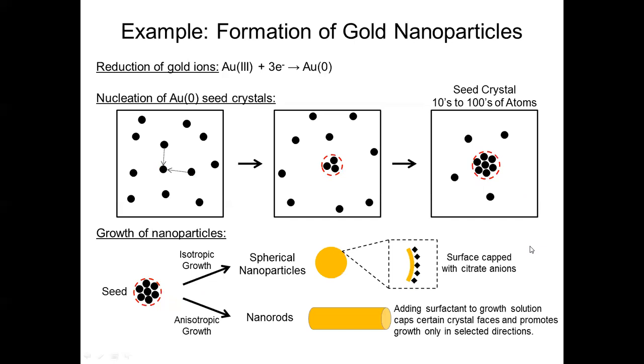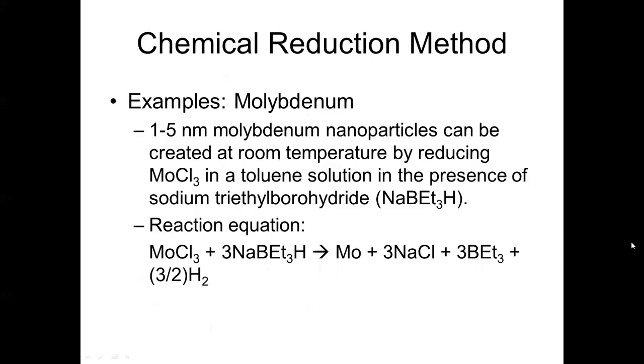What's nice is that with these rules of chemistry, we're able to get nanoparticles that have a nice sharp Gaussian distribution, where the particles are relatively the same size, and that's usually very desirable for most applications.